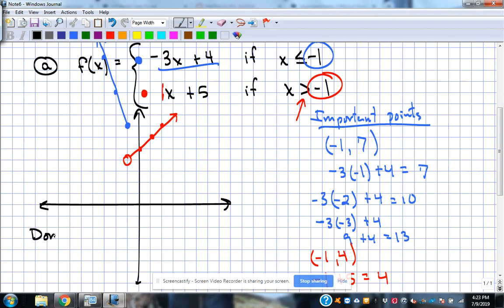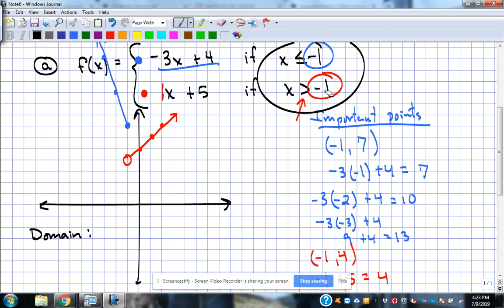Domain, let's do that first. Domain, they give us up here. All that stuff up there is the domain. They say all the x's that are less than negative 1 and including negative 1. And then the second half says, okay, don't include negative 1 in this part, but go everything up to positive infinity.